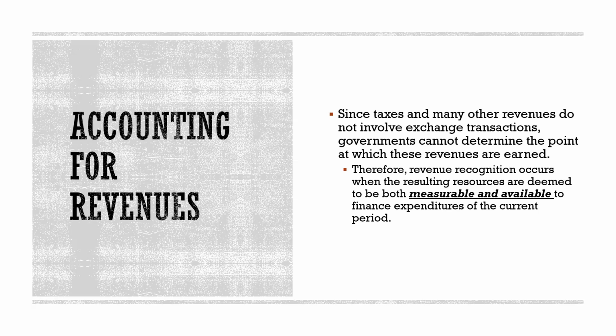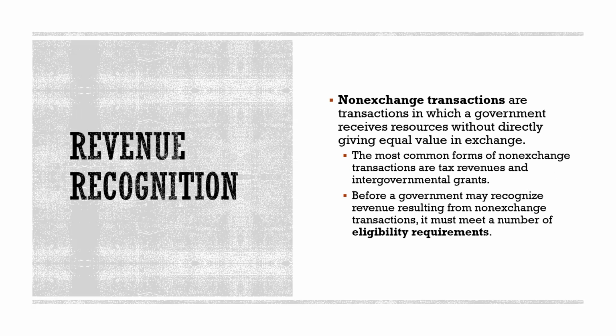In the case of this class, it's going to be typically 60 days is what we're going to think about. So I mentioned, we have those non-exchange transactions. Basically, it just tells you right here, it's a pretty simple explanation. The government is going to get money. They're going to get funds without giving anything of equal value in exchange, right?